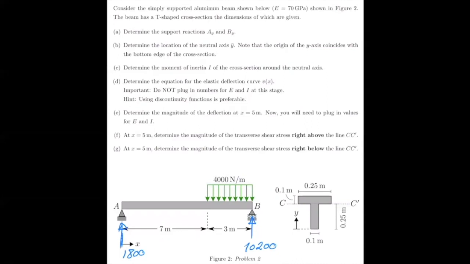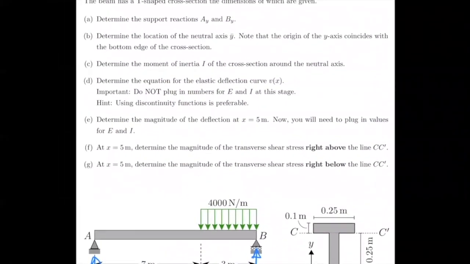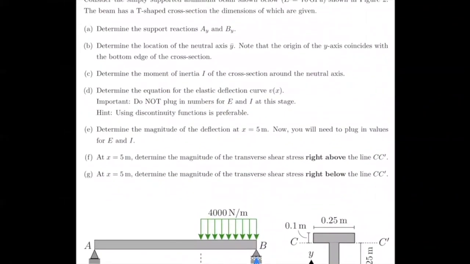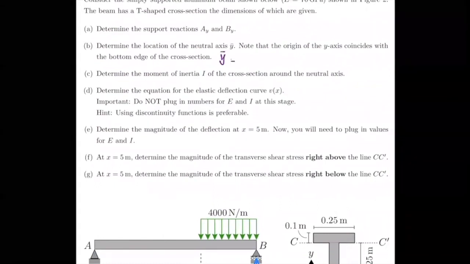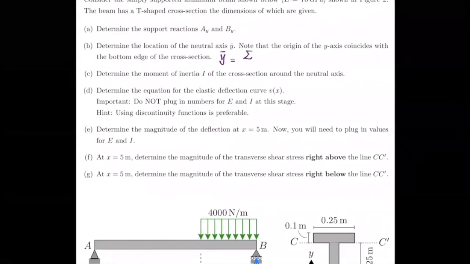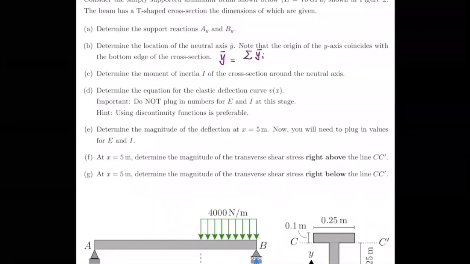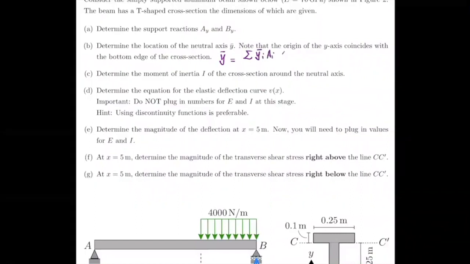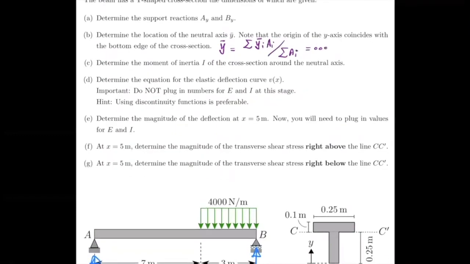Now, the second part is just calculating the neutral axis for the cross section. So for the neutral axis for a cross section, you just use your typical formulas. For each part, you calculate its centroid, multiply it by area, and divide all of that by the sum of the areas. The cross section is very simple.